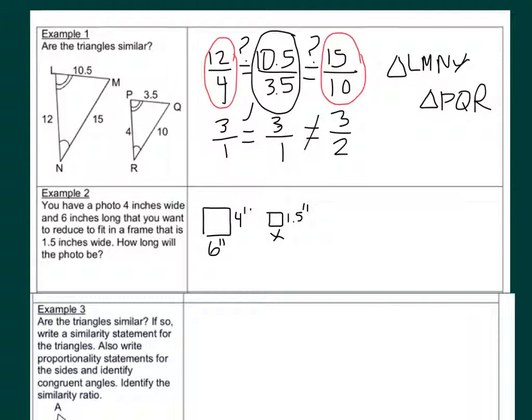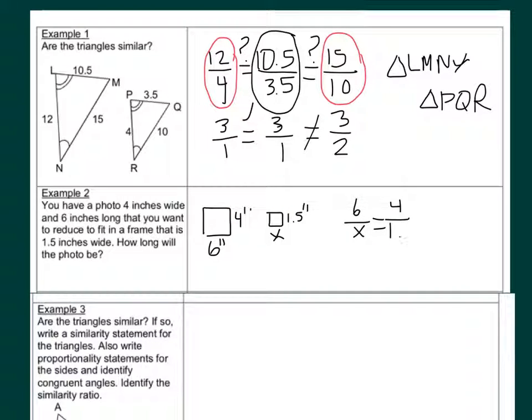Just because we are reducing these rectangles, that means we're dilating them, and a dilation makes similar rectangles. So that means there's a proportional relationship between these sides. 6 has a relationship with x, the same way that 4 has a relationship with 1.5.